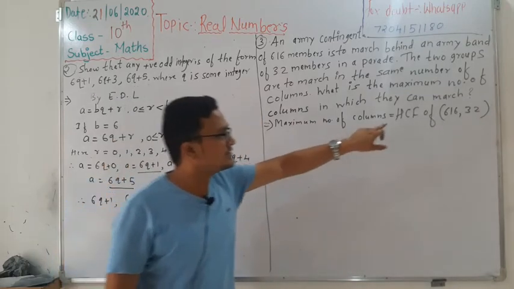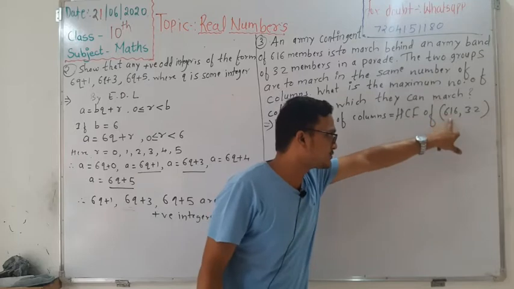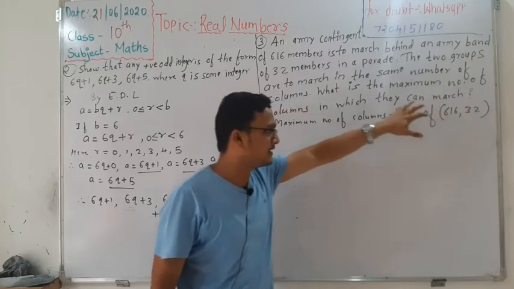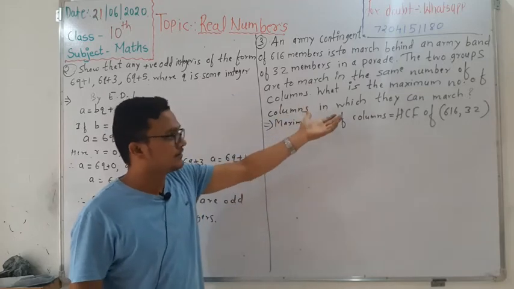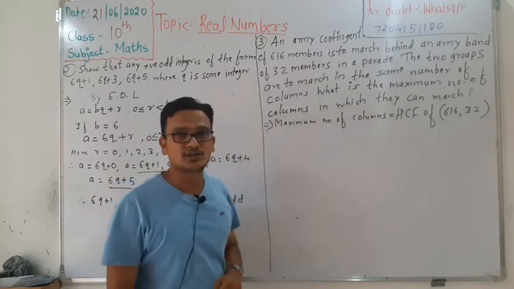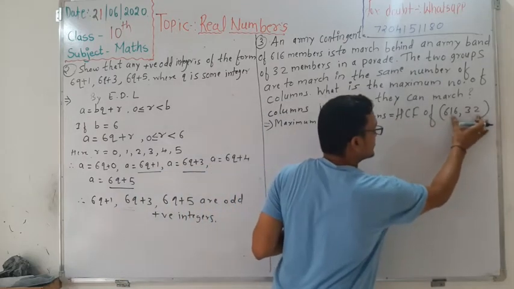Means if you find the HCF of 616 and 32, then that HCF will be the maximum number of columns in which they can march in the parade. So here we have the two positive integers 616 and 32.